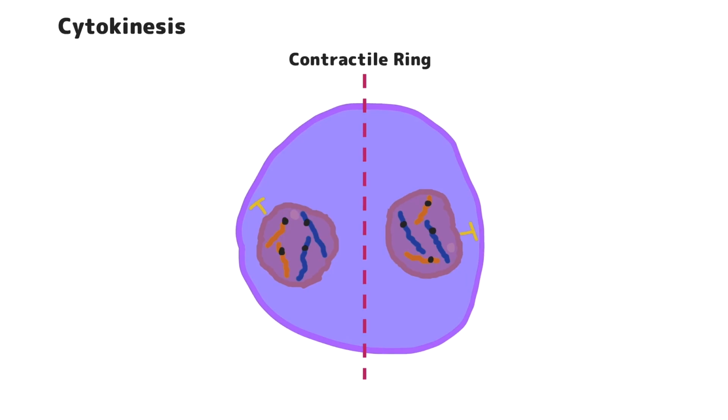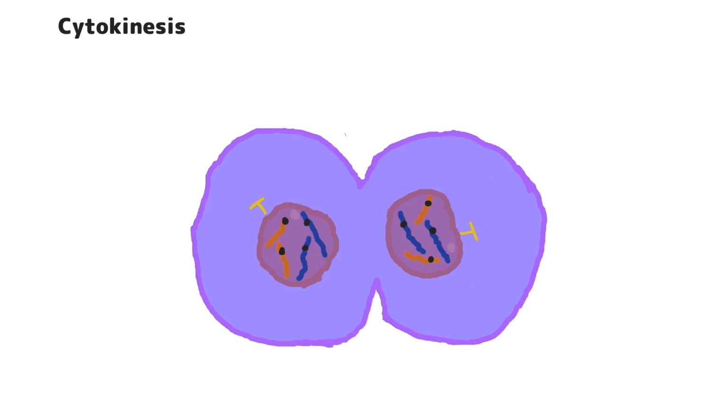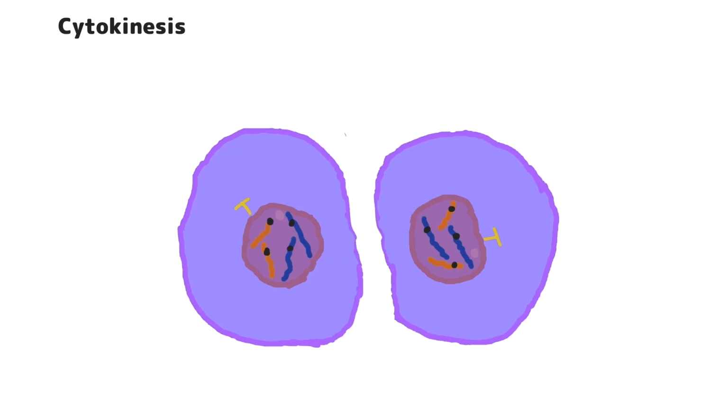The contractile ring is usually in the middle, but the cell can also be divided into asymmetrical parts; here we have symmetry. The contractile ring pushes the two ends of the cell membrane, and it causes the two cells to separate from each other. As such, we have two individual cells in the end.